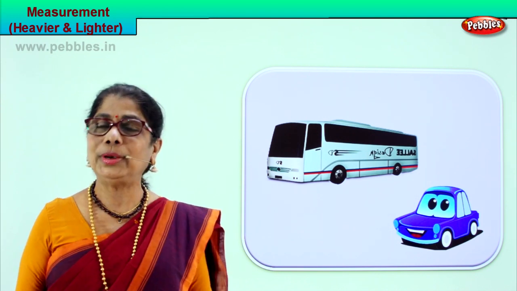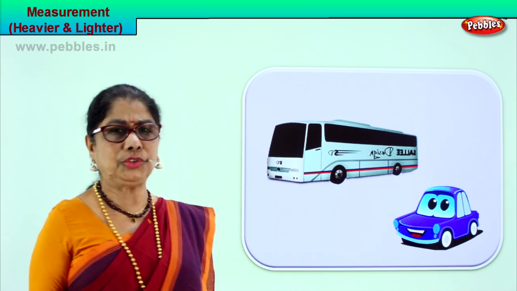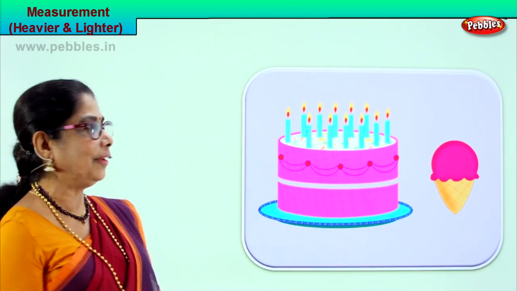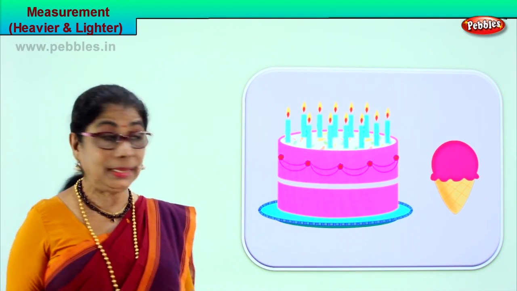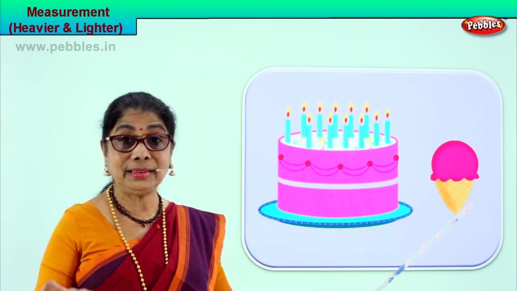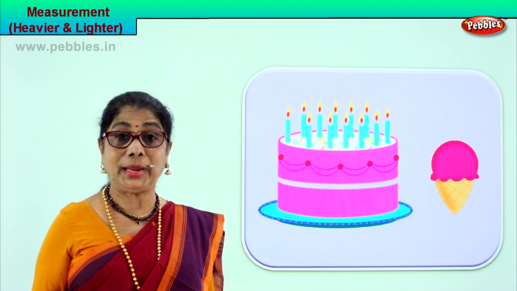We will do some more. Let's look at our next picture. Look what you have here. You have a huge birthday cake, and you also have a tiny strawberry ice cream cone.